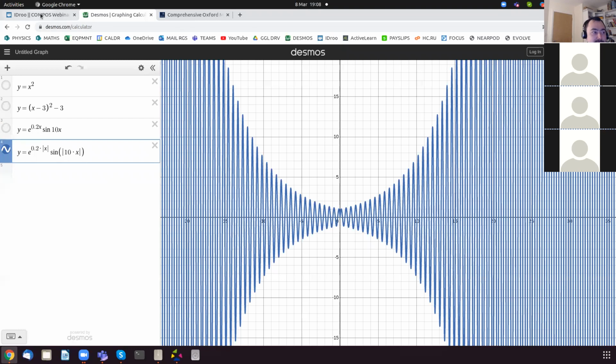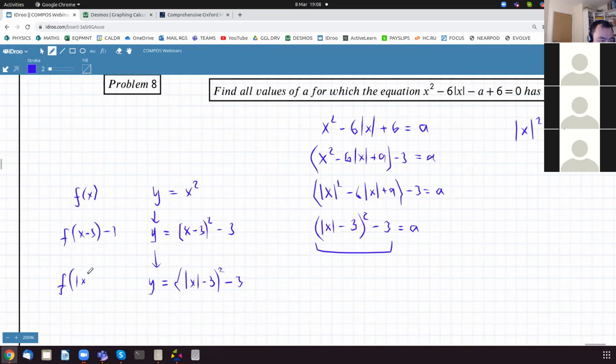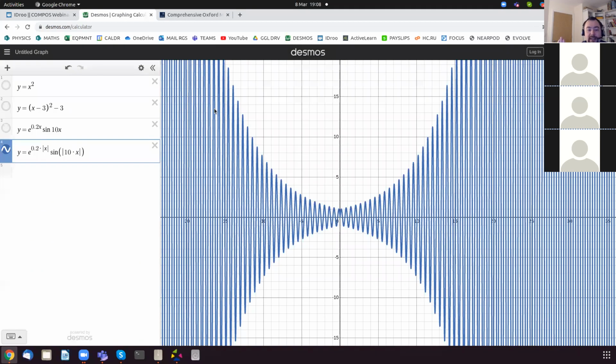So we start with f of x, then we do f of x minus 3, and then we do f of modulus x minus 3. What it does is mirror the right-hand side of the graph onto the left.